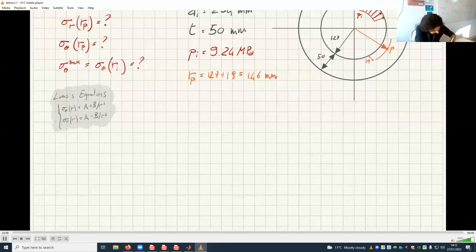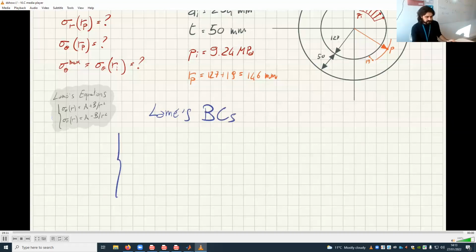And so I have the Lamé boundary conditions. What do we know about this cylinder here? We need two boundary conditions. We have A and B, which are our two unknowns in the Lamé equations.